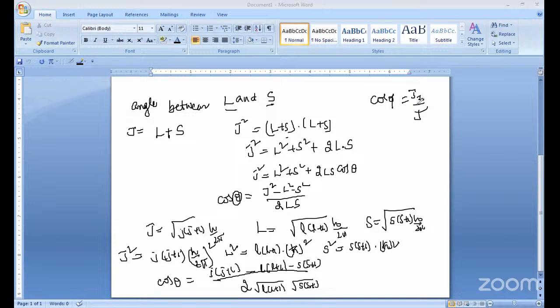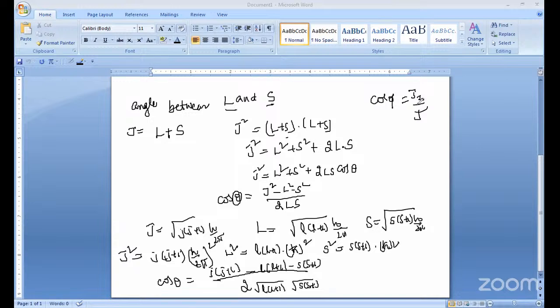Due to the magnetic field, some effect will be there. So we get the magnetic orbital quantum number ML, and similarly the magnetic spin quantum number MS, and by combining these two, we get the total angular momentum mj. We have also calculated the angle theta between L and S, that is cos theta. So this is what we call the vector atom model.